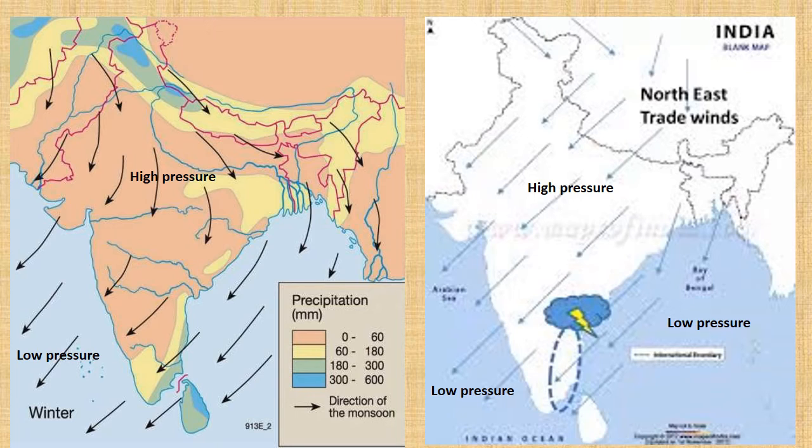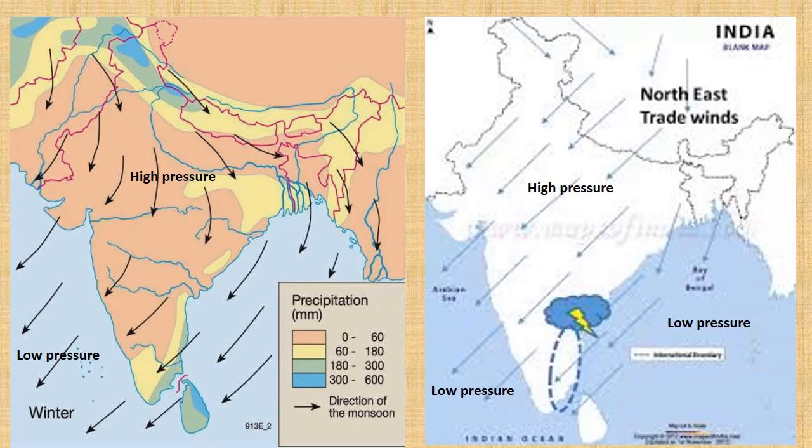One broken circle is being drawn on Tamil Nadu and a cloud with thunder and lightning is shown in the map. This shows that the northeast trade winds, when they pick up the moisture from the Bay of Bengal, give heavy rainfall to the Coromandel coast of Tamil Nadu.